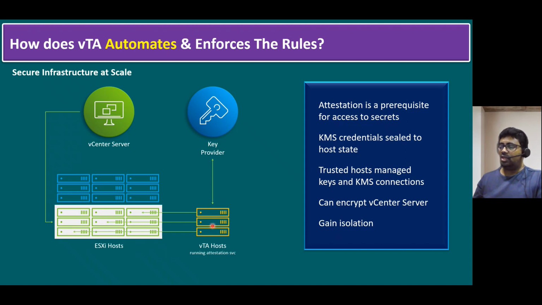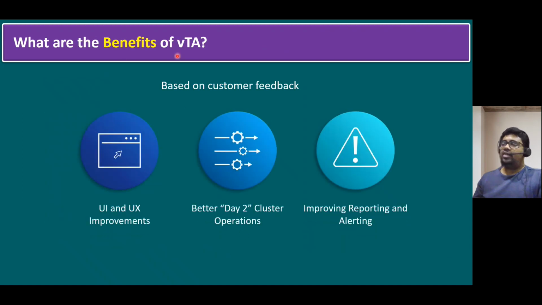And this VTA host is not only protecting our one vCenter infrastructure, it will also help protect other branches. The vCenter and hosts of those branches can also be protected using this VTA host. That means VTA is the vSphere Trust Authority host. Okay, now, what is the final gain for us? What are the benefits of VTA based on customer feedback?